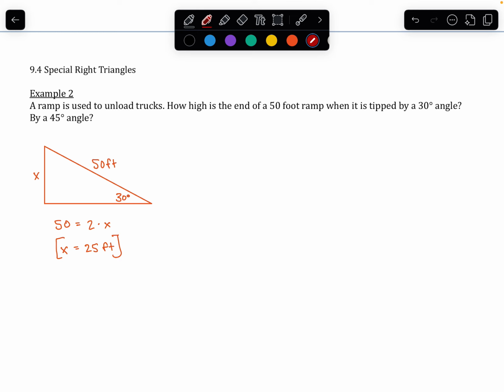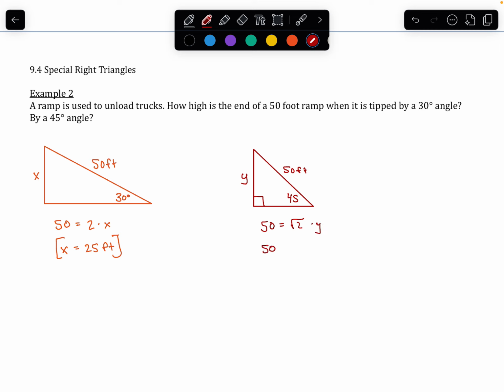For the first one. Now it says a 45-degree angle. So draw another triangle. 45. This is 50 feet. I know how high, so I'm going to just say y this time. I'm going to change it up a little bit. Now my formula here is hypotenuse equals square root 2 times the leg of y.